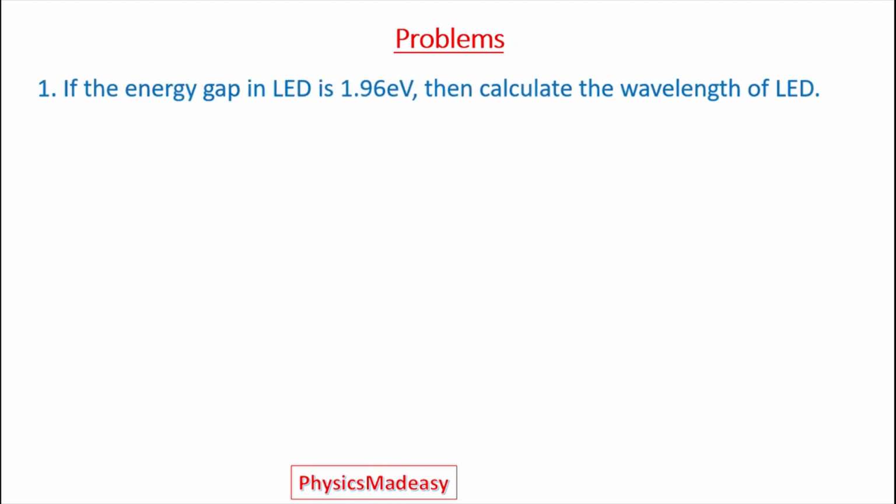Now, based on this topic, we can do some problems. If the energy gap in an LED is 1.960 electron volts, then what is its wavelength? Already we discussed in a concept that based on the energy gap, the wavelength will be determined.